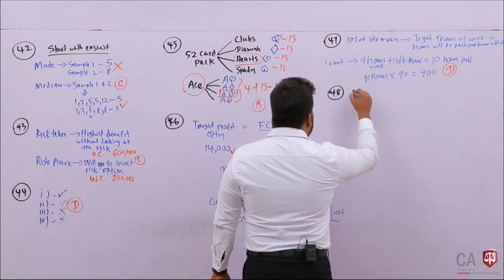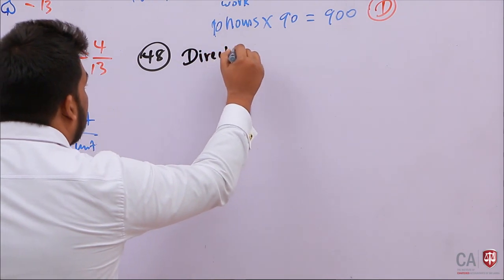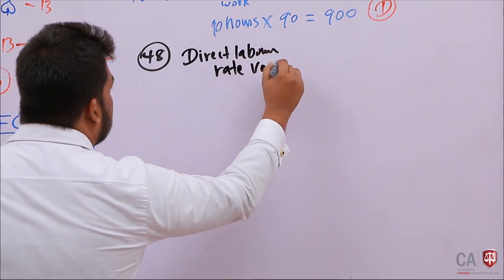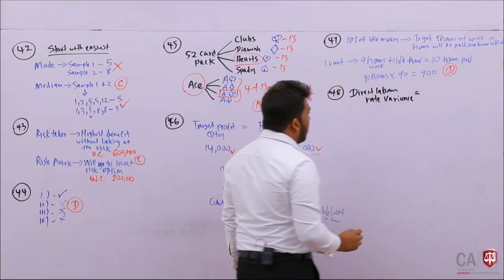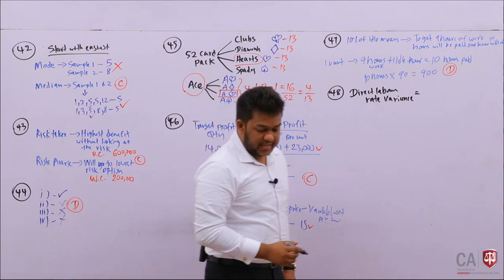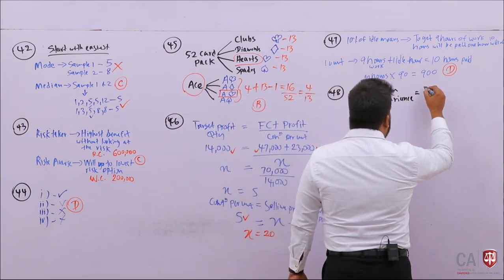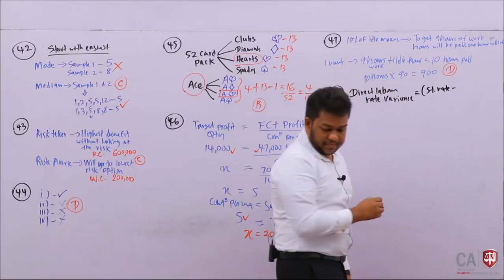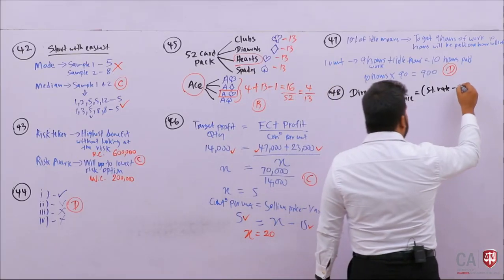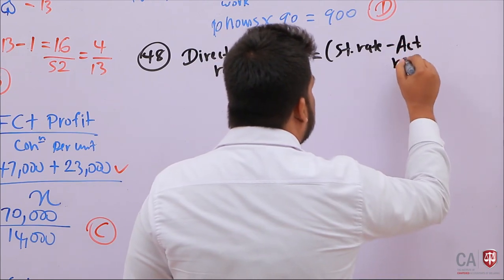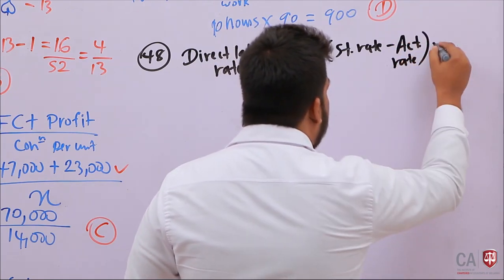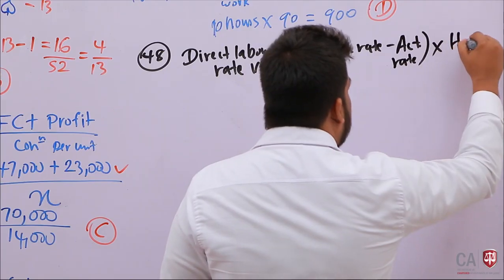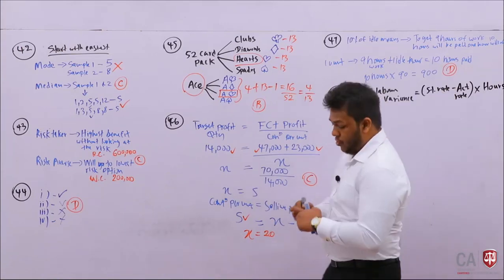Direct labor rate variance. How to calculate? Standard rate minus actual rate, into hours. Make sure of this one, this is important.